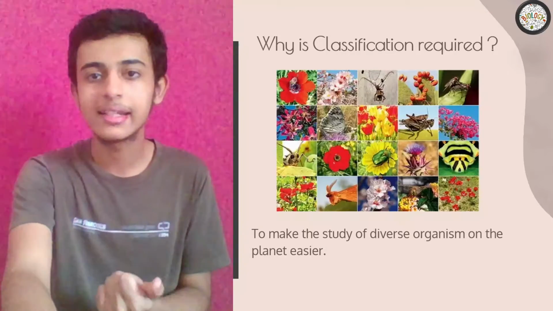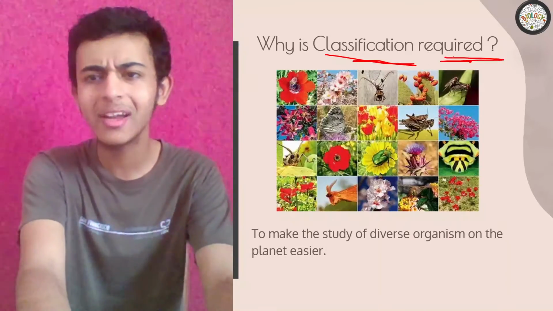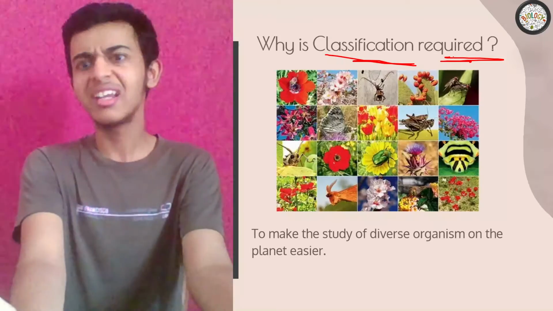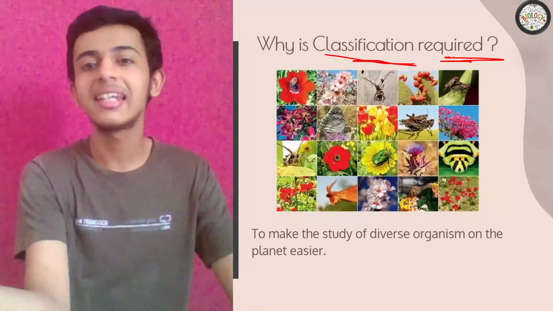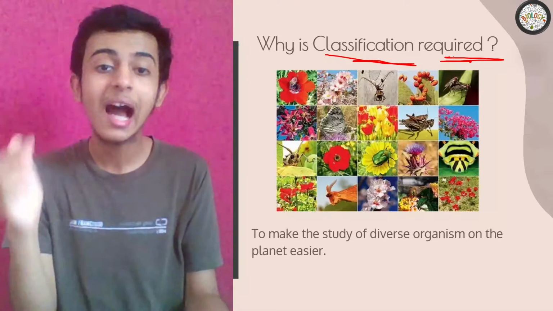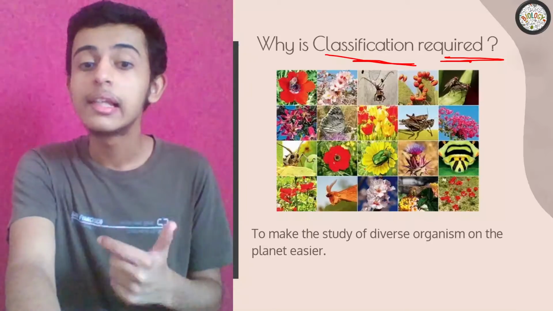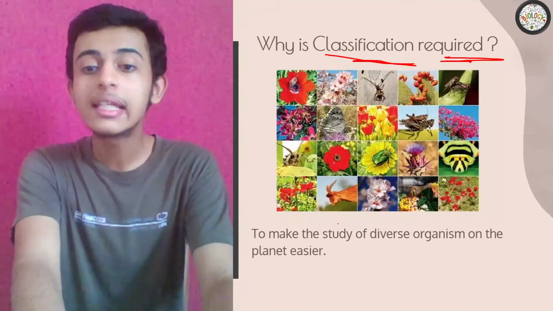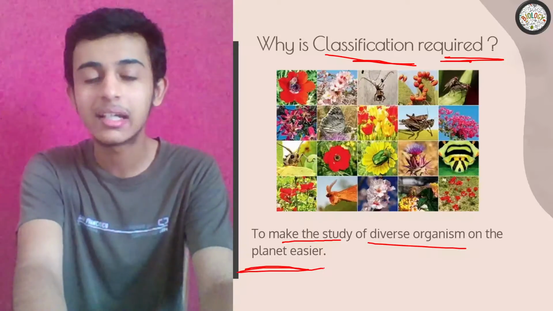Alright, let's understand. Why is this classification even required? You will say, why to classify the organisms? If lion and tiger are there, then let them be. Why are we putting our efforts into classifying them into groups? Let's understand. To make the study of the diverse organisms on the planet easier.